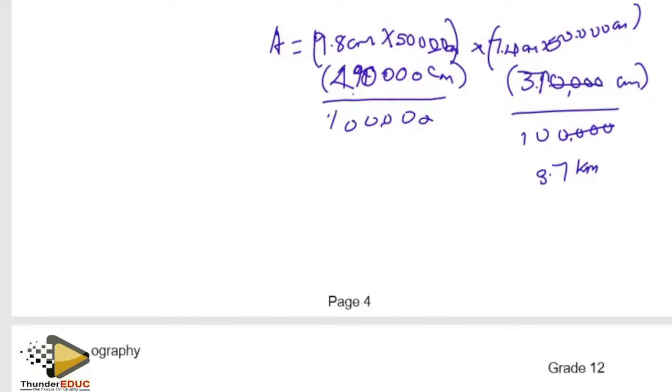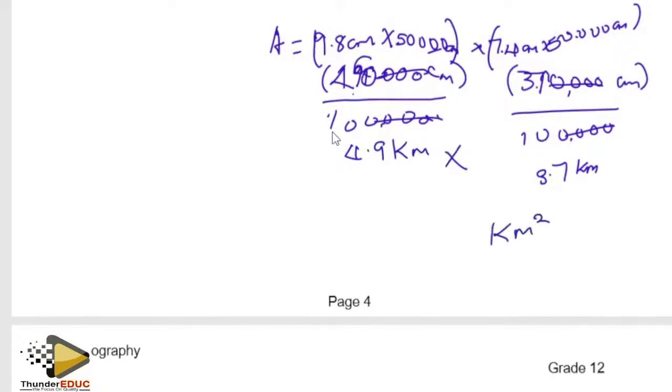Now I come here, so this is this one, 1, 2, 3, 4. How many places am I moving? It's 1, which becomes 4.9 kilometers. So the answer is going to be kilometer times kilometer. What are you getting? You get kilometer squared.